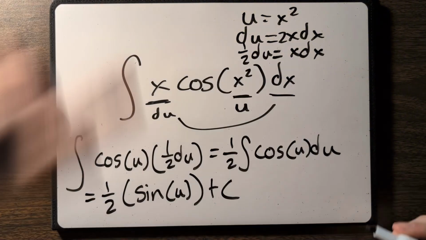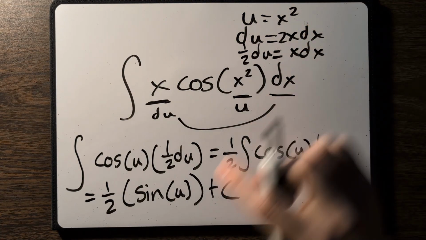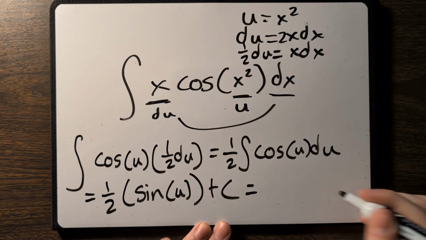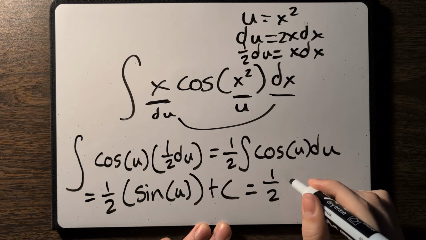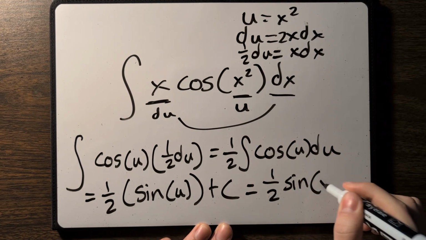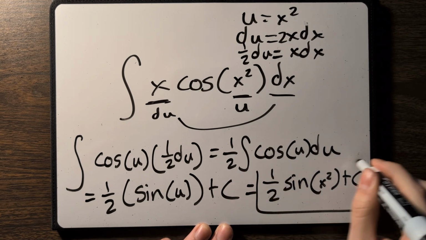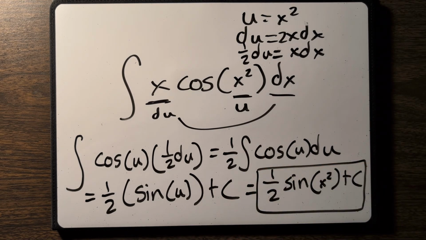Now, let's put it back in terms of x, substituting in x squared for u. This is going to equal 1/2 sine of x squared plus c. All right. This is our final answer.